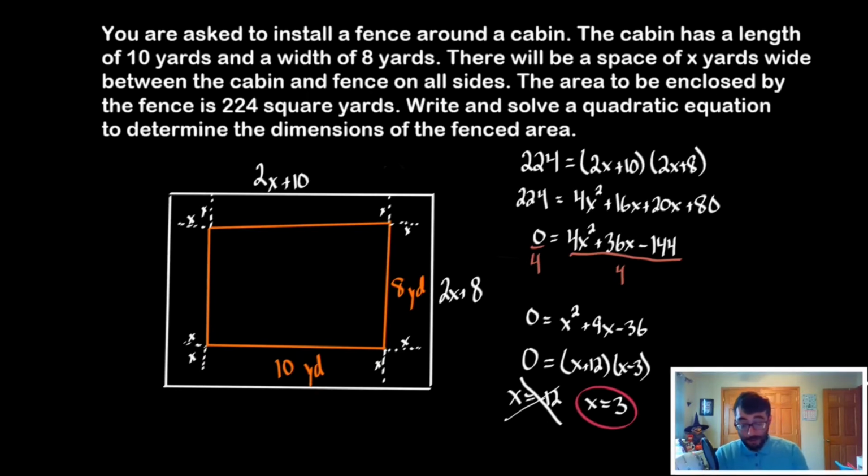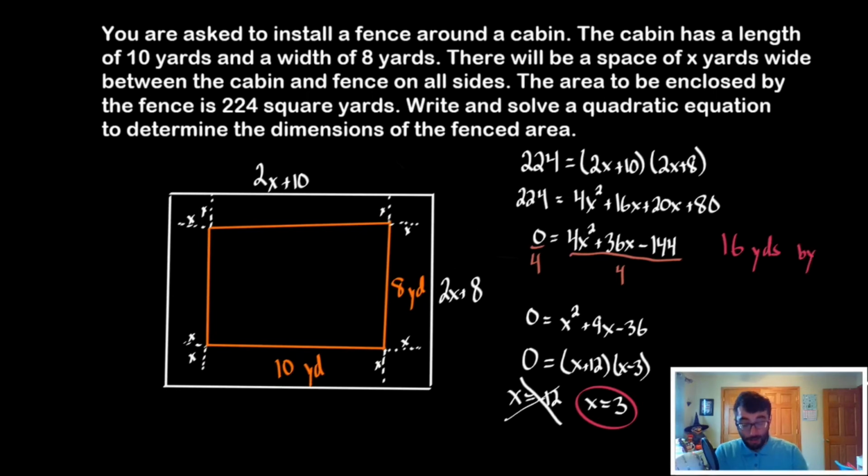What that means is that they're adding 3 yards along each side to get the new dimensions of the fence. Now I can just plug in X to find out exactly what those dimensions are. If we added 3 to each side of the length, 2x plus 10 means it's going to be 16 yards for the length.